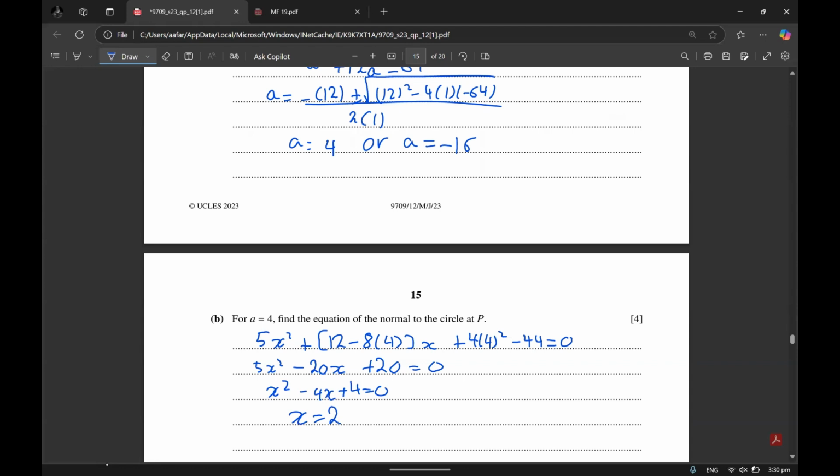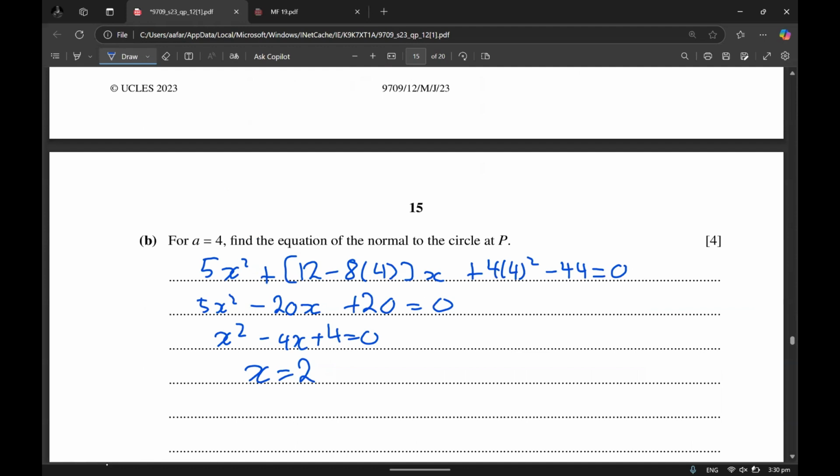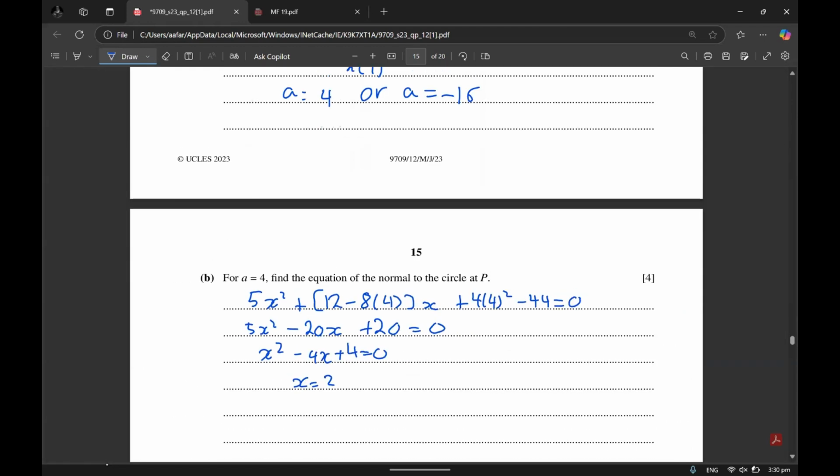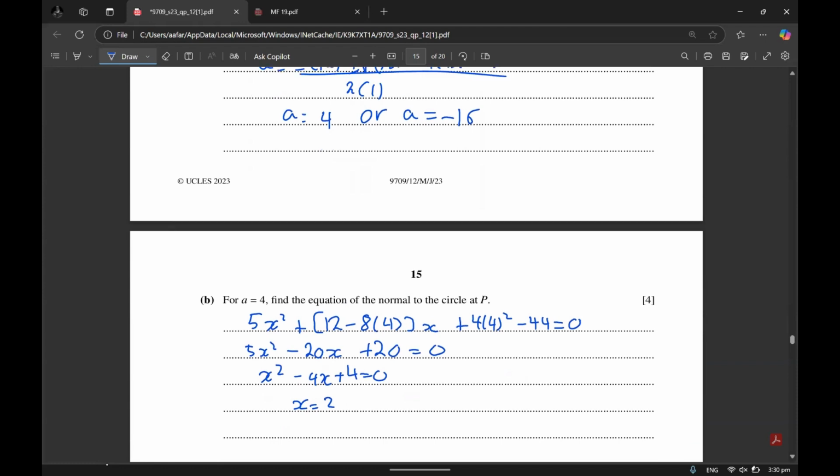Let's use the quadratic formula, or we can even do mid-term over here. 4, 2 and 2. So we get x squared. Okay, so we now have the value of x.